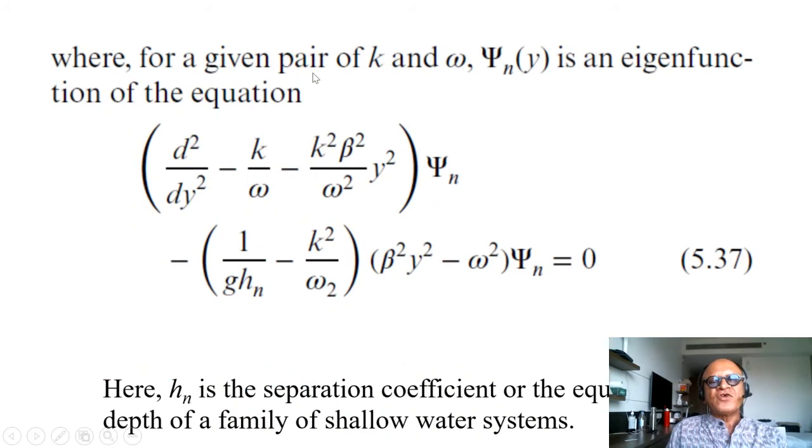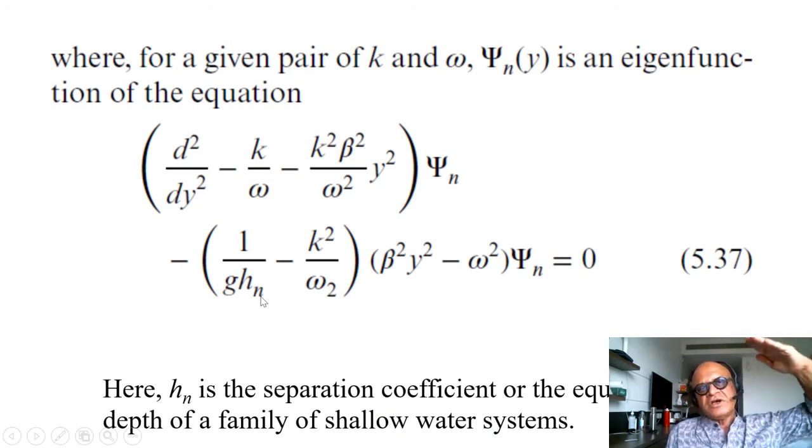Okay, so for a given pair of wave number and frequency, the meridional structure is an eigenfunction of this equation, which is transforming, as you can see, this expression and giving us this equation, which here Hn is the separation coefficient or equivalent depth of a family of shallow water equations. Okay, here is the separation coefficient.